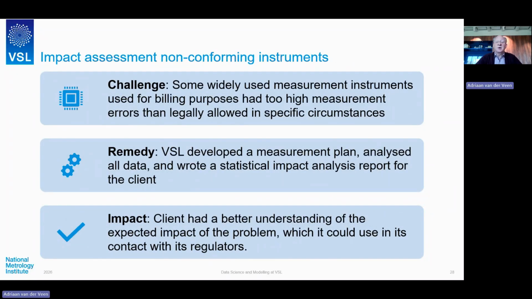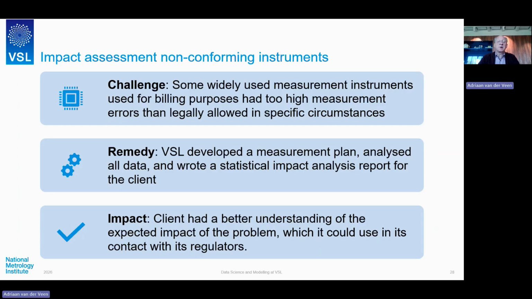Instruments can, of course, be non-conforming. Sometimes you discover that immediately, and sometimes you discover that later, or actually a little bit too late. Of course, this was also a case where billing was done on the basis of equipment that had measurement errors that were too high according to the legally allowed specifications.